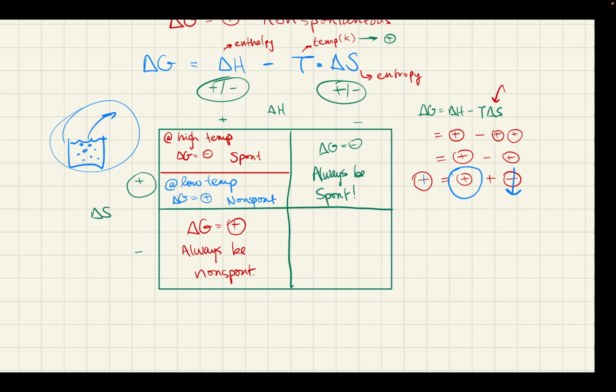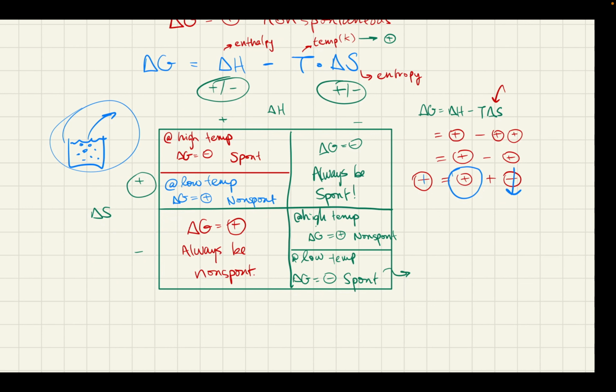Now, you can probably guess the bottom right quadrant is the exact opposite of the top left. At high temperatures, delta G will be positive, or we have a non-spontaneous process. And at low temperatures, delta G will be negative, and we have a spontaneous process.